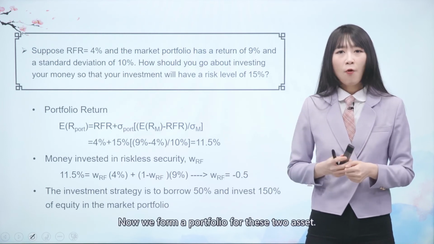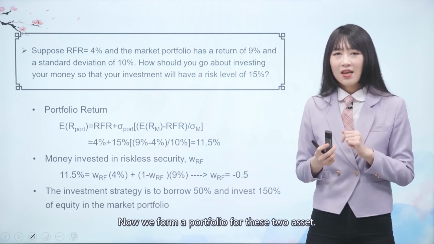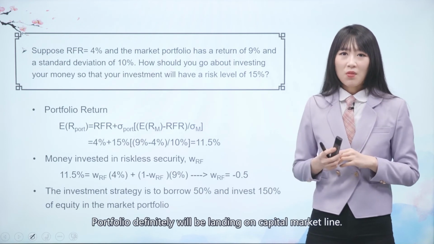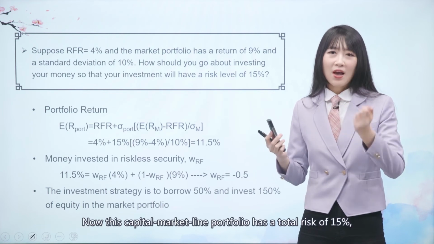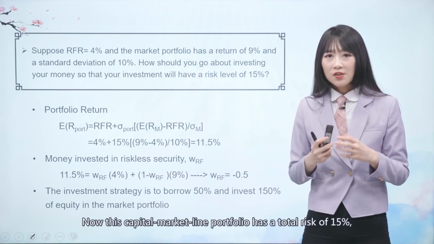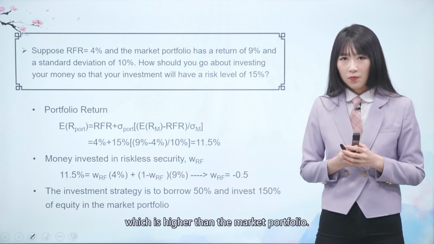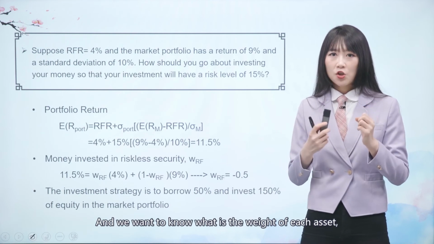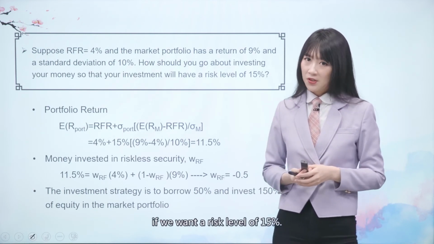Now, we form a portfolio of these two assets. We can say that this portfolio will definitely land on the capital market line. This capital market line portfolio has a total risk of 15%, which is higher than the market portfolio. And we want to know what is the weight of each asset if we want a risk level of 15%.